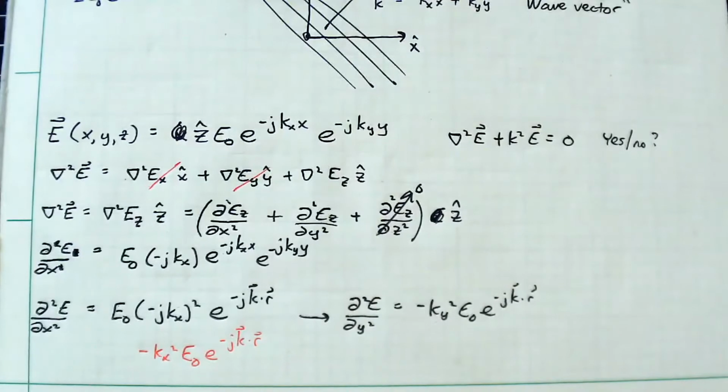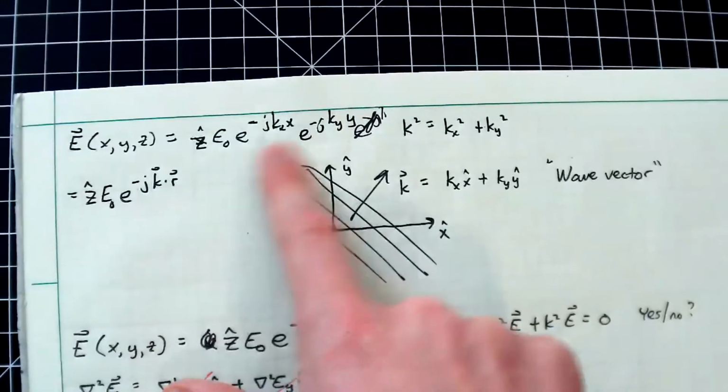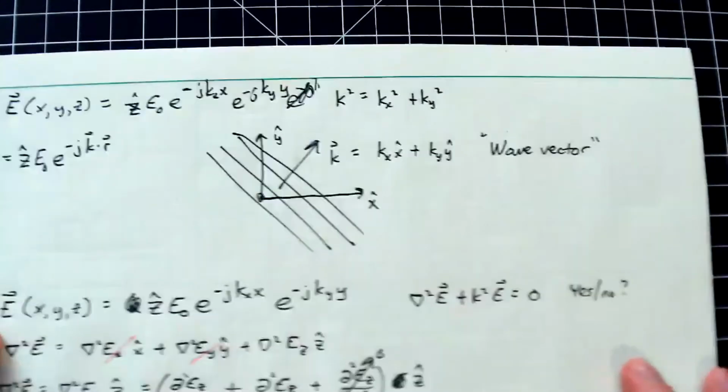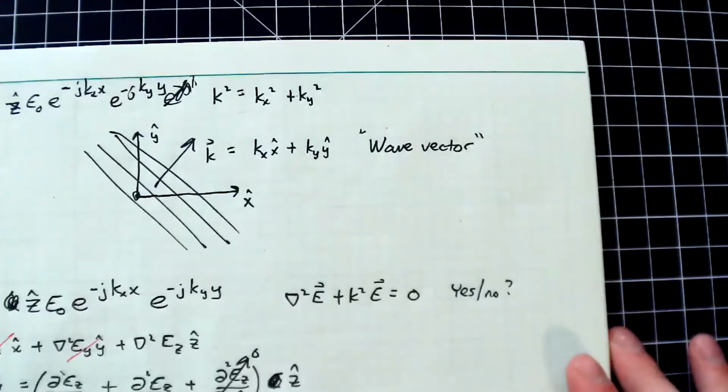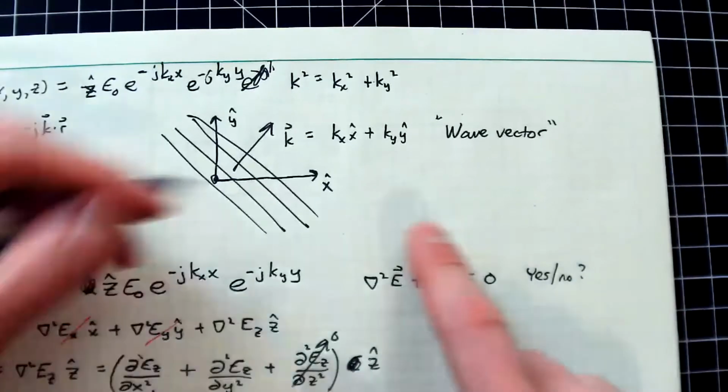How did our k turn into a vector? It was back up here. This is a shorthand notation for this stuff here. That's actually a good question. I was worried whether some of you would be comfortable with that. It's a very quick thing.